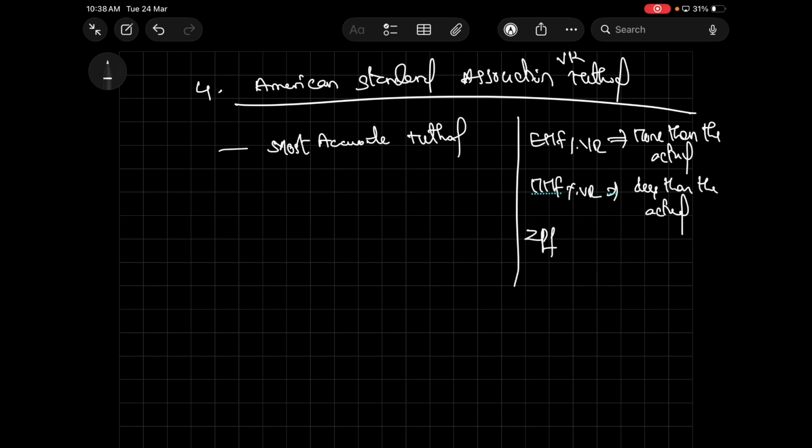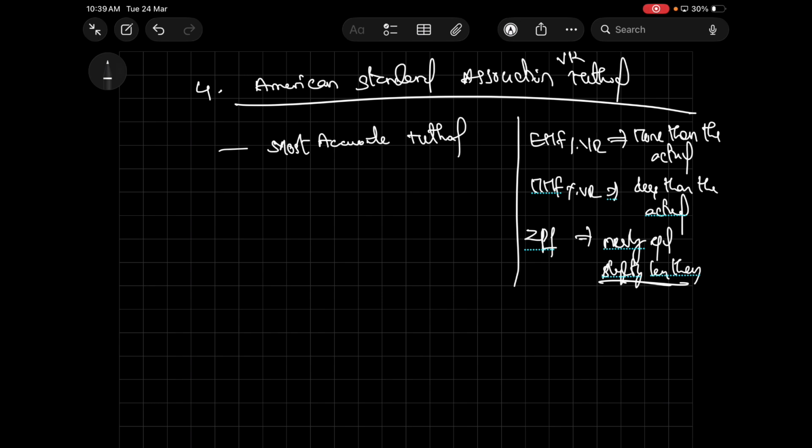ZPF method, it is nearly equal, but slightly less than the actual, okay. So the fourth one is the American Standard Association method, which is the most accurate method.